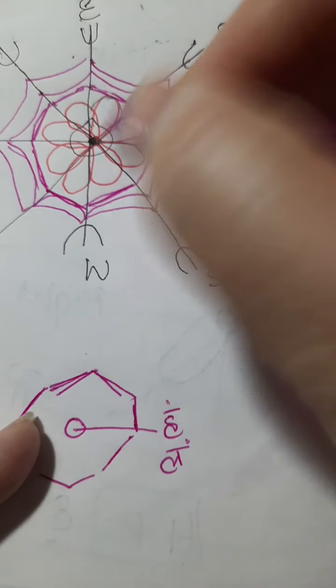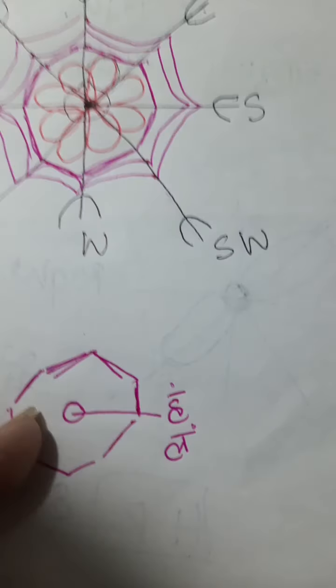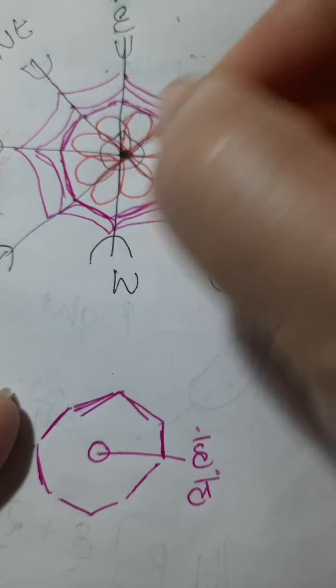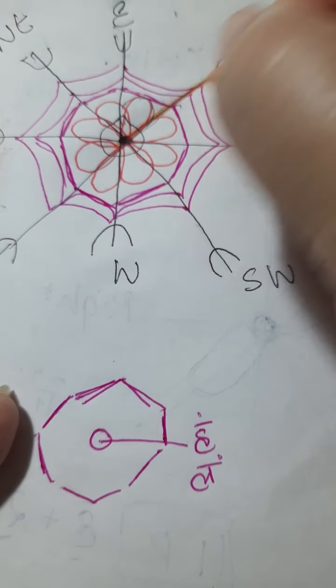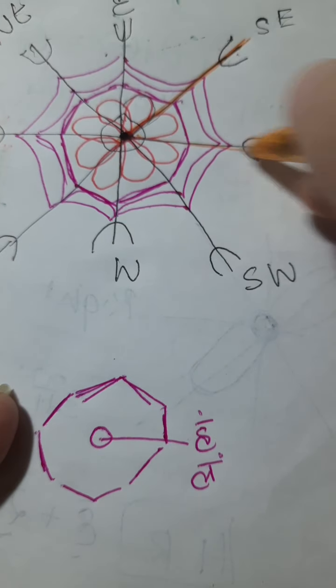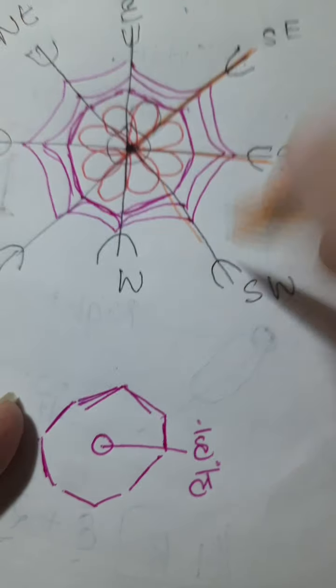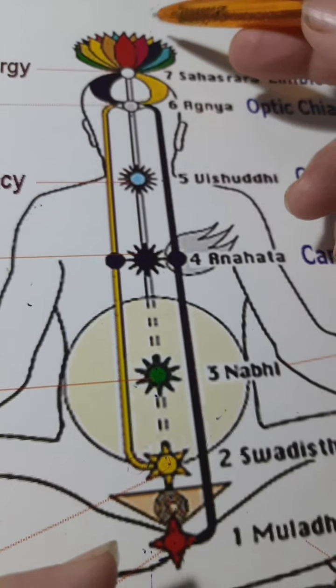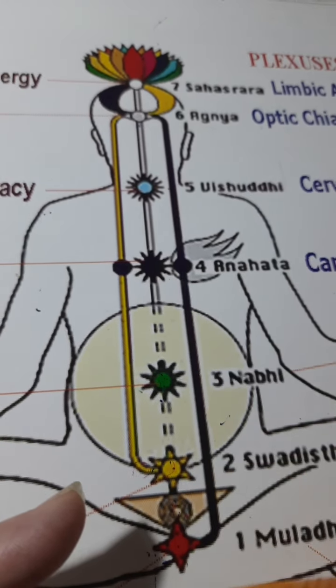Now many of our deities are having axes in their hands. So these are the axes. Extension. Basically, our axis is the Sushumna. This is the first axis we have.